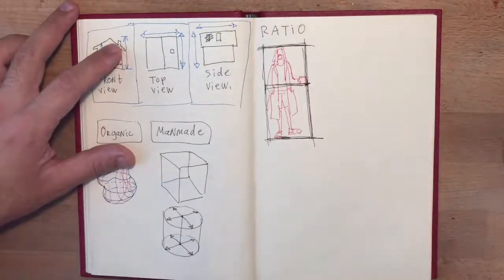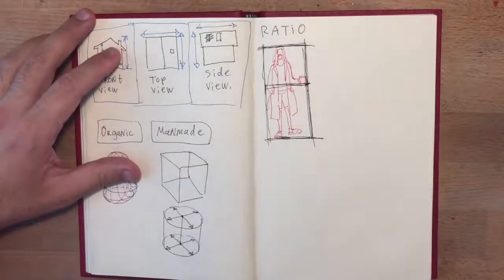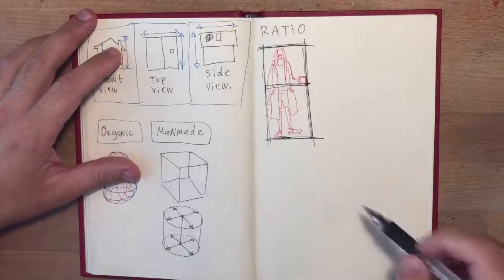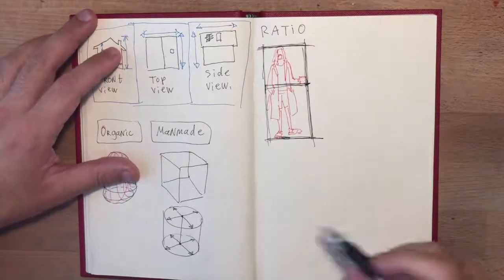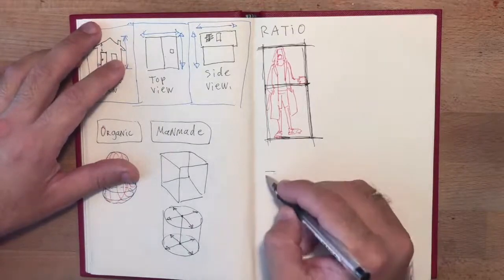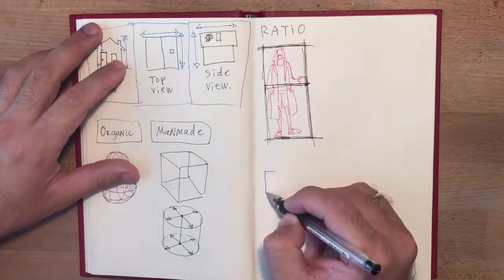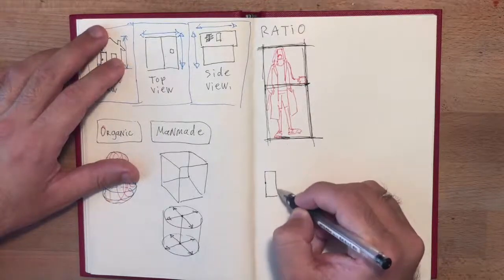So then it's a front, right? So let's say if I want to draw him in a different proportion, like I draw him small here, then I want to replicate this ratio.